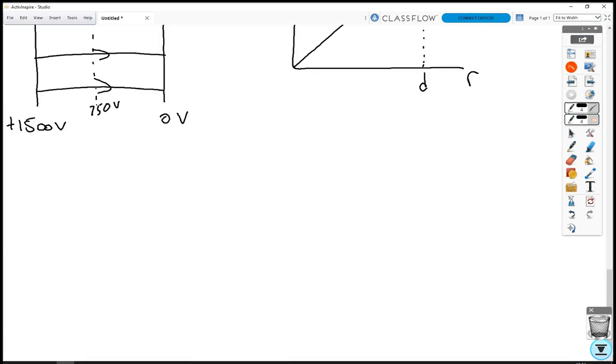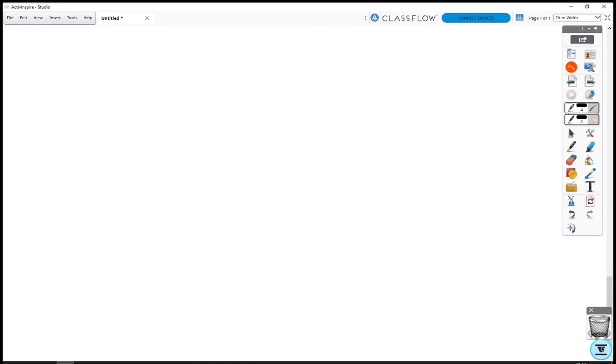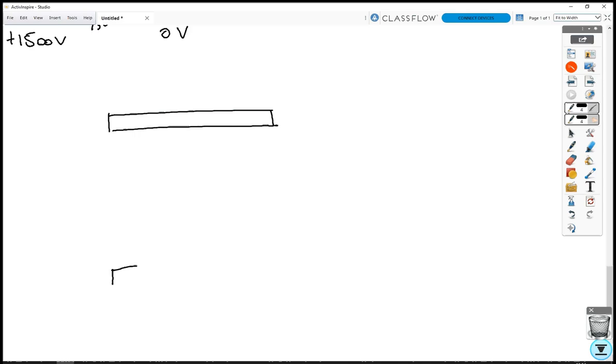Now, the uniform field actually does have some non-uniformity to it as well. So in actual fact, some of the field lines do come out of those plates. So I'm going to show you that just to make sure that you recognize it. It's a rare event, but sometimes we do see examples of where we have field lines outside. So another example, plus 4,000 volts and 0 volts.